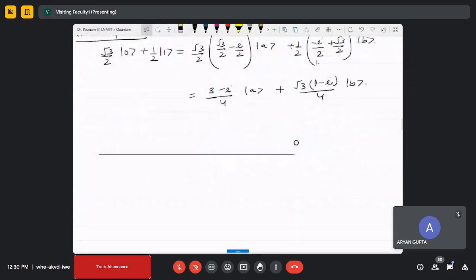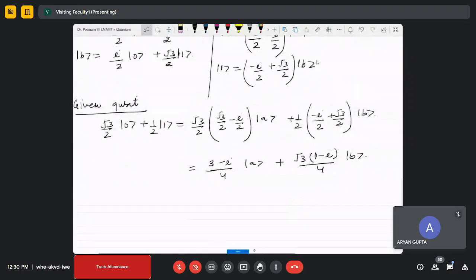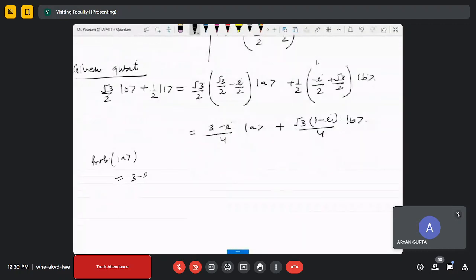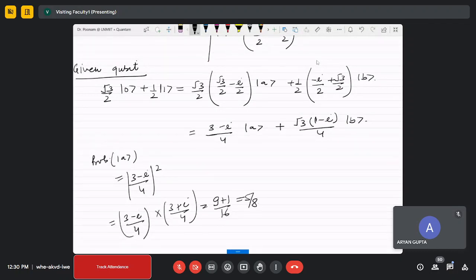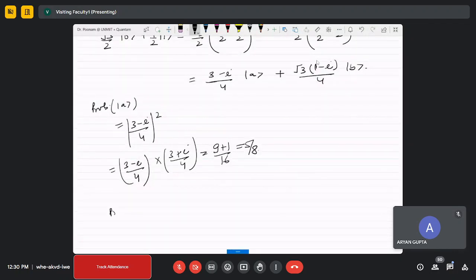If you want to find the probability, here also you can do the same. Probability in A is equal to 3 minus iota norm square, which is equal to 3 minus iota upon 4 into 3 upon 16, which is 5 upon 8.